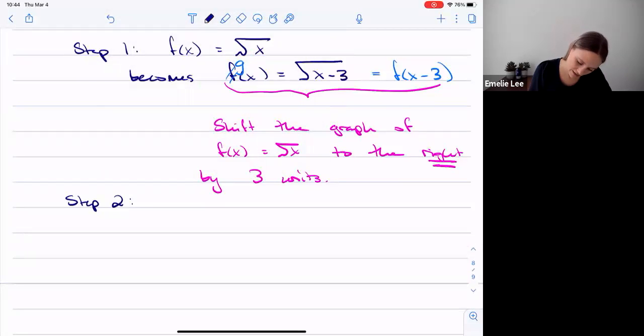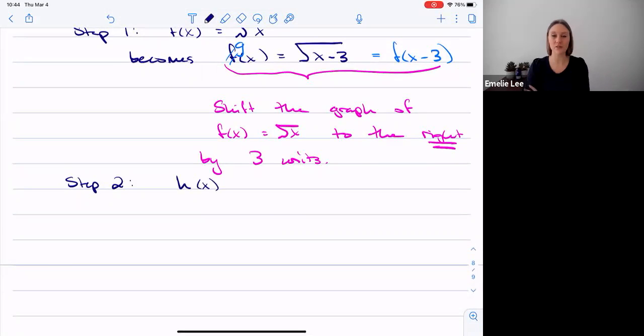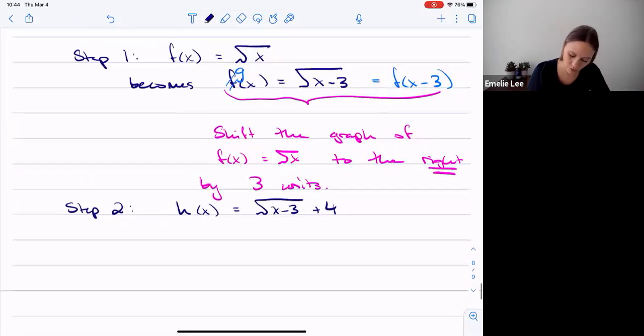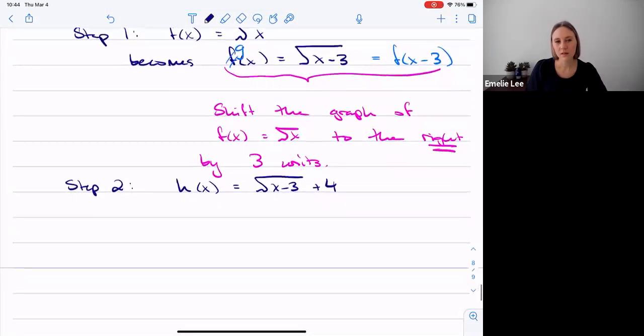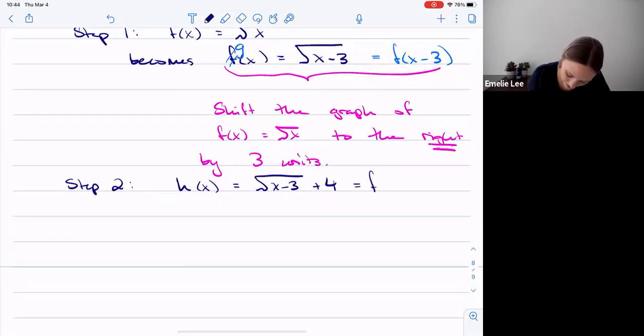Then, by the same idea, let's call this h of x. These are our go-to function names, f, g, h. So h of x is going to be the root of x minus 3 plus 4, which is really the same as the original function, f of x minus 3 plus 4.